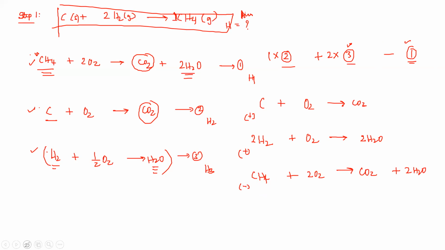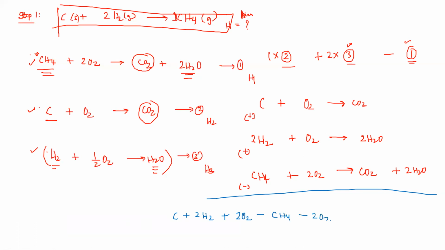All right. So when we solve all these, we are going to get C plus 2H2 plus O2 gives 2H2O minus CH4 minus 2O2. As a mathematical equation, we have to solve it. So this and this get cancelled.